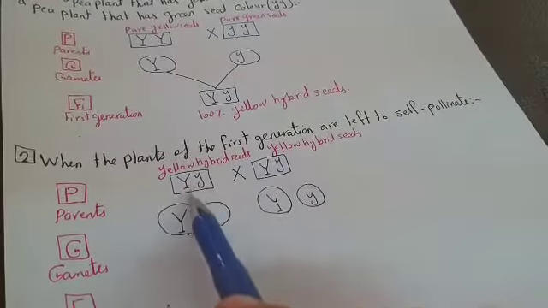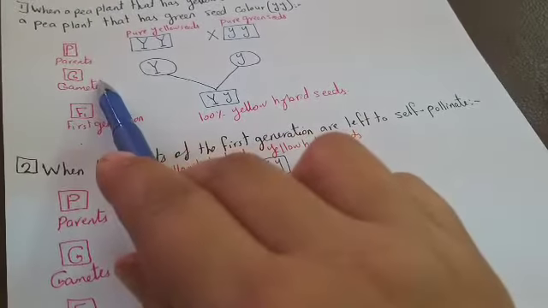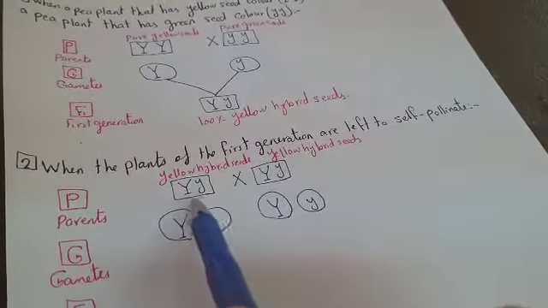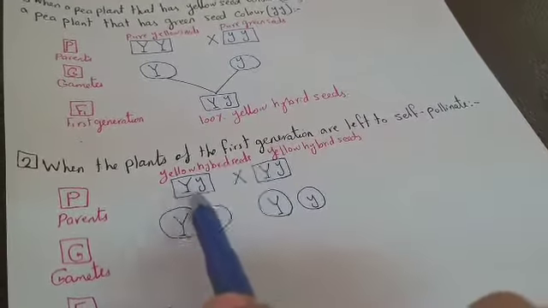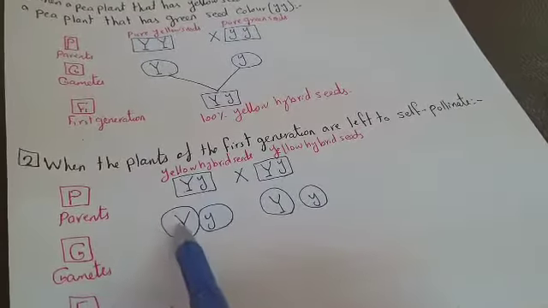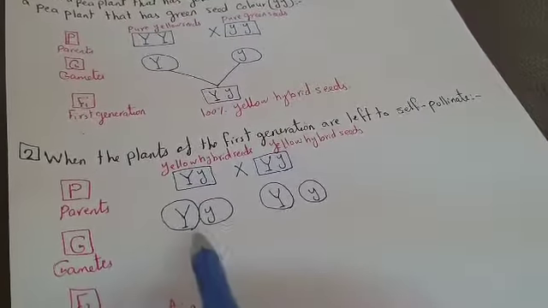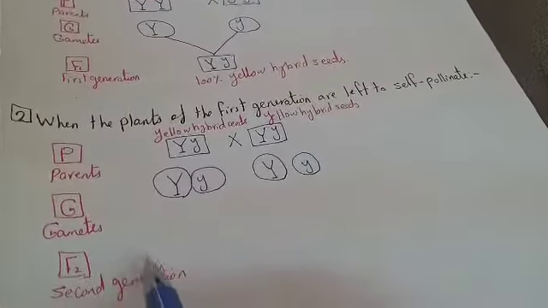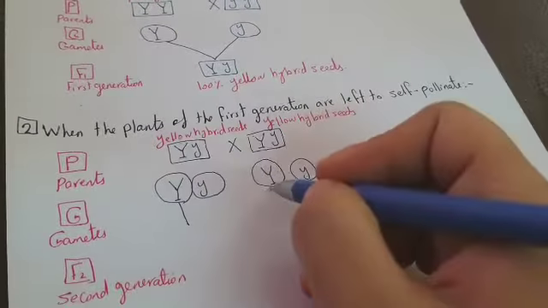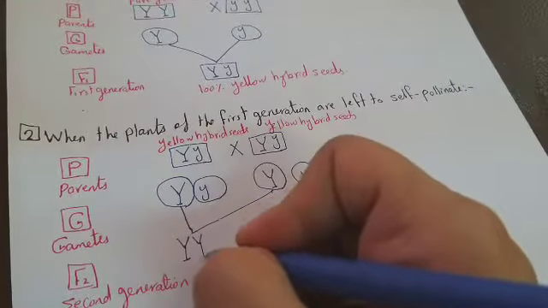We can't take just one of them here like before, because there they were similar, so we took one gamete to make the cross or the mating. But here they are different, so we take each one, and they separate from each other. So here: Y capital, Y small, Y capital, Y small. These are the gametes, so we have 4 gametes. What will happen here? Y capital, for example, will be with Y capital, so this will be Y capital, Y capital.